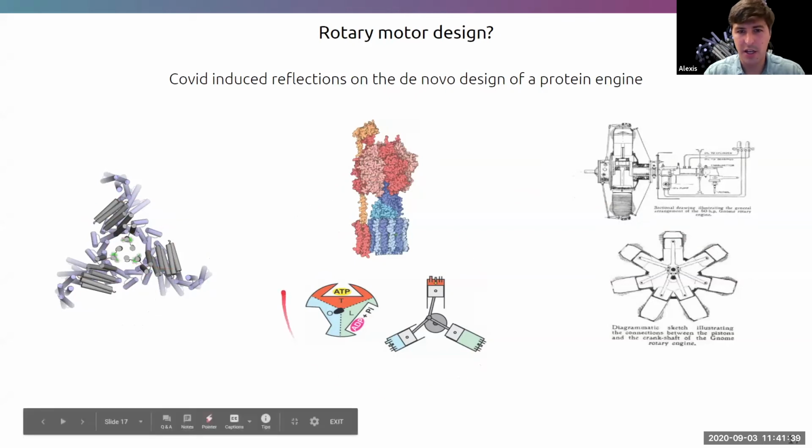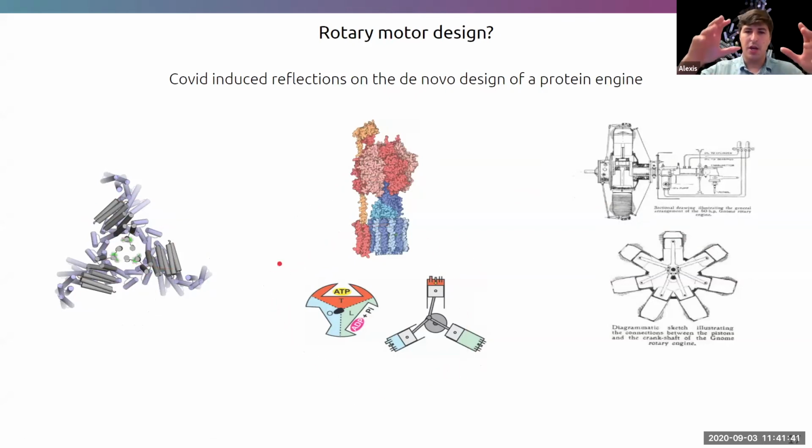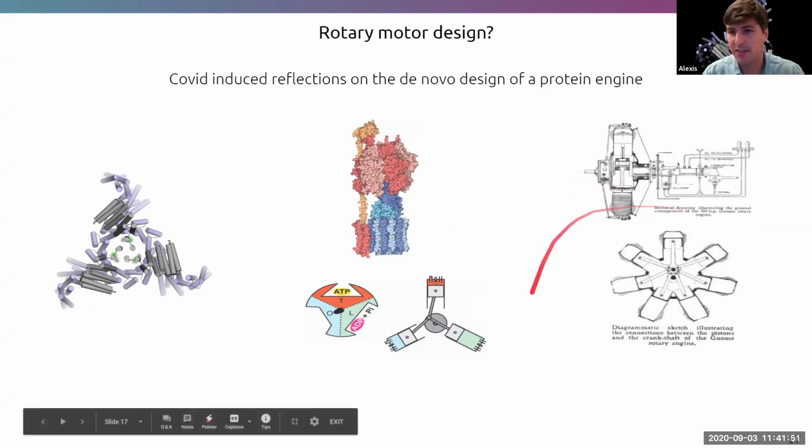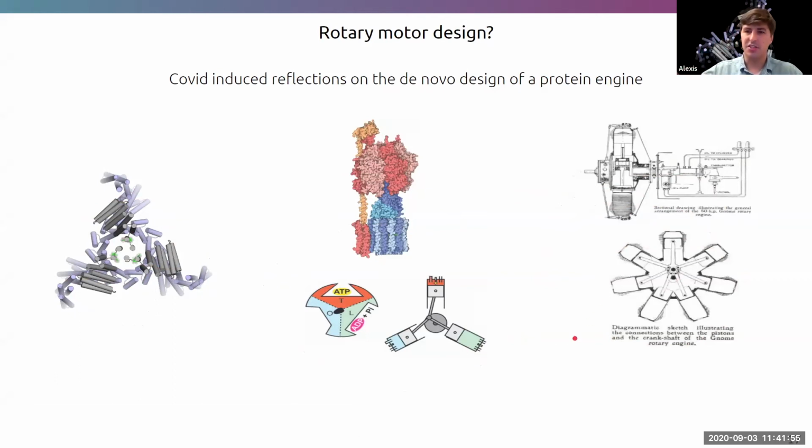If you look at nature, for example ATP synthase, you have these really complex coupling and conformational changes inside the fold between the active sites. And if you also look at what man has been able to engineer, you can see that these engine designs are usually very complex and also have very complex coupling between parts.